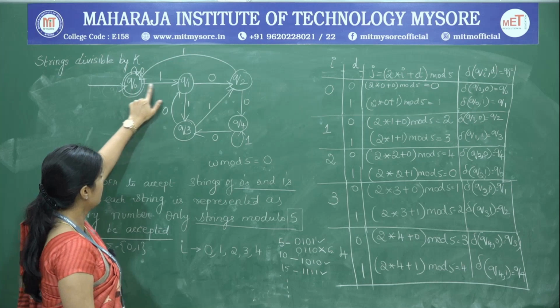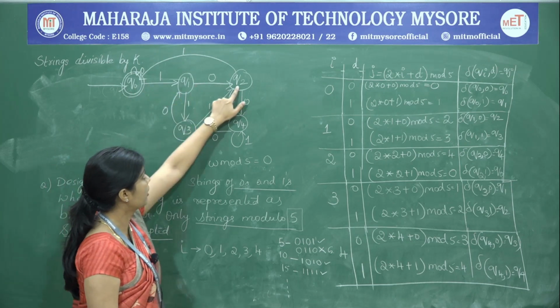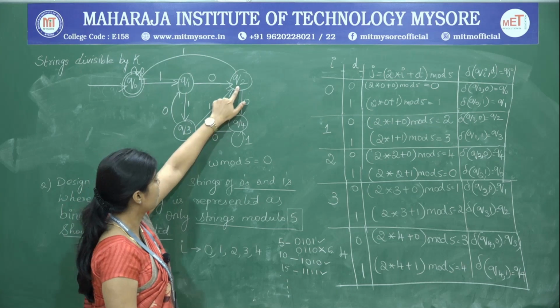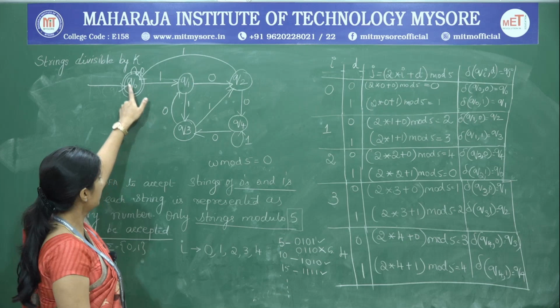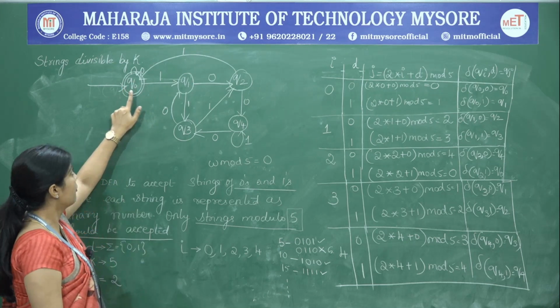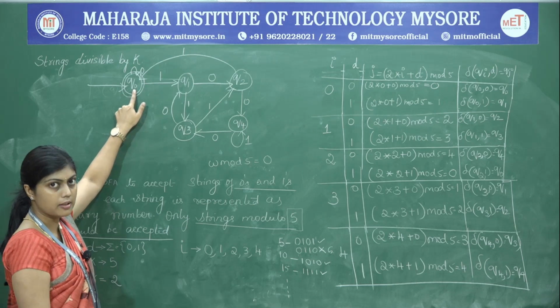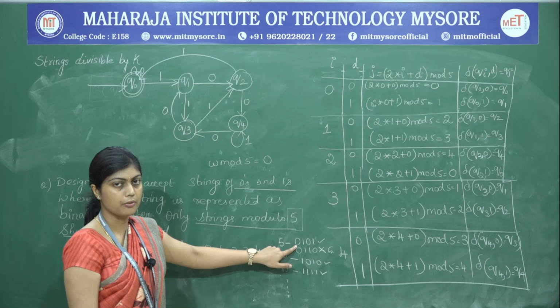Next we have 1, so we move here, then we have 0, so we move here, and at last we have 1, so we move back to Q0. After scanning all the input symbols, we are staying at the final state. Therefore, this string is accepted by the DFA.